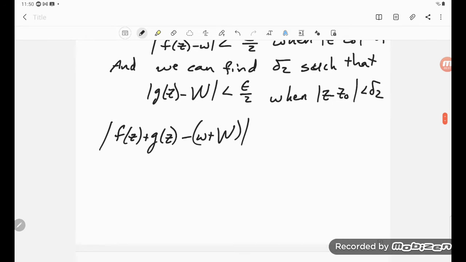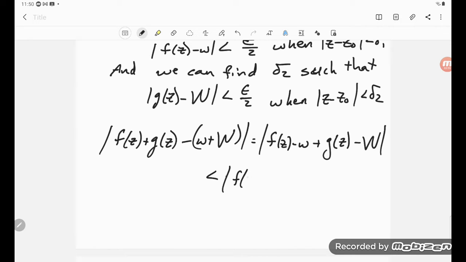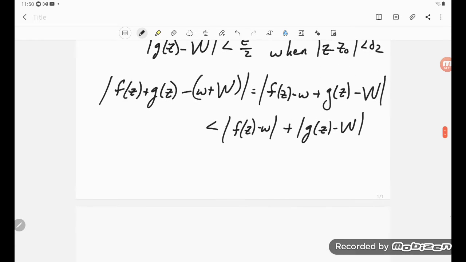Well, that is equal to the absolute value of f of z minus little w plus g of z minus big W. So you've got that, but that's less than the absolute value of f of z minus w plus the absolute value of g of z minus W. So that's that triangle inequality.